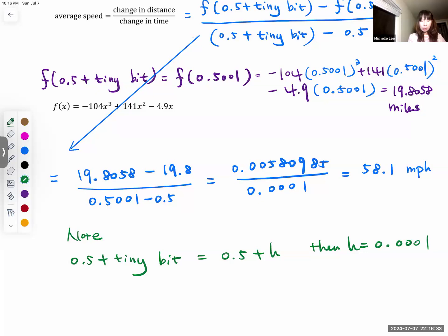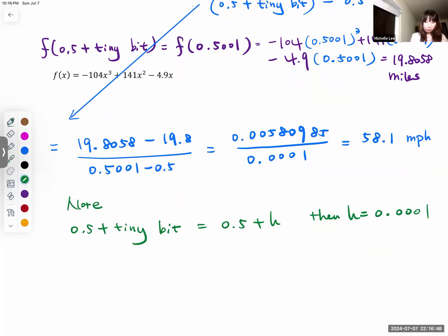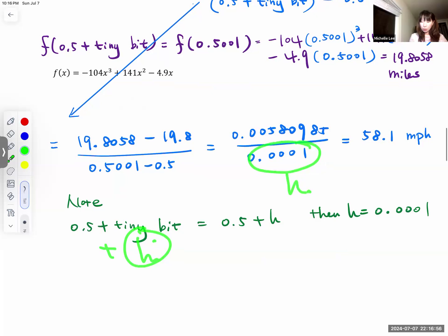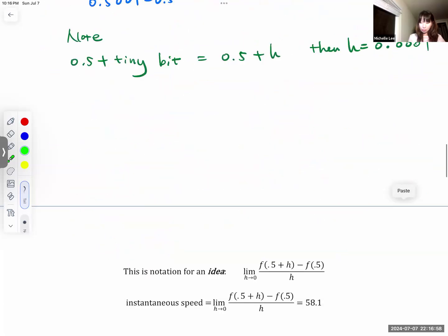Tiny little bit. And then looking at the denominator, it has 0.0001, right? Okay, now we are using 0.5 plus h there, and then this is h as well, right? So here is the idea. This is exactly what we're using, right?